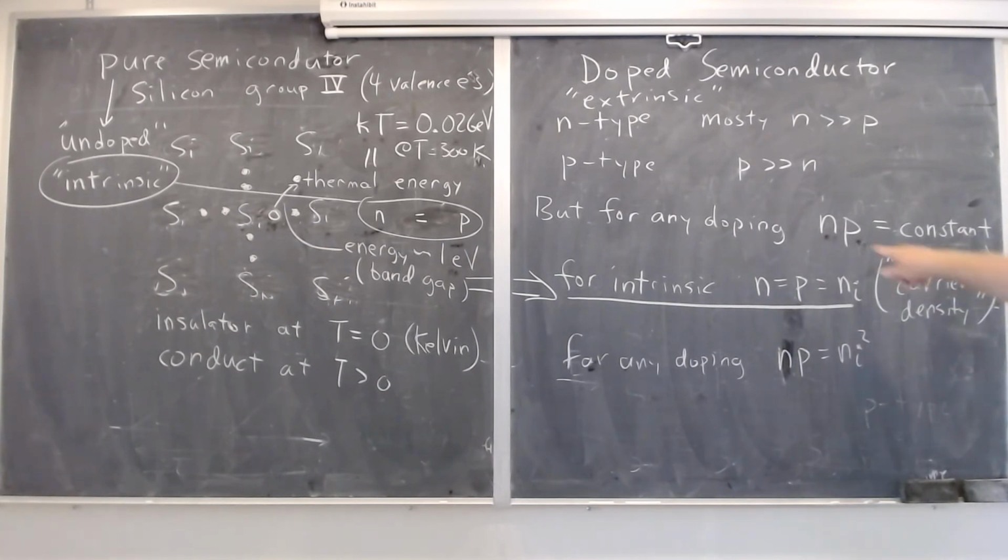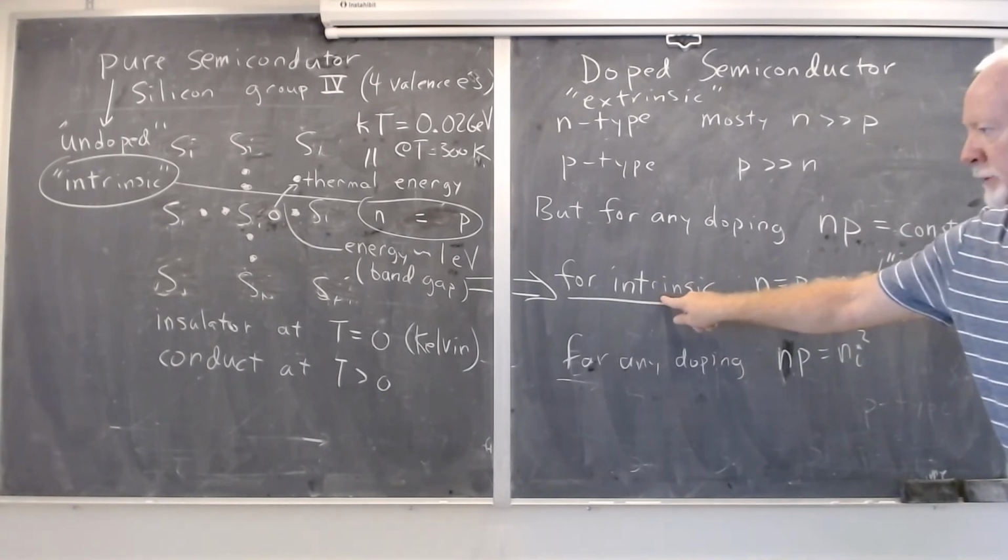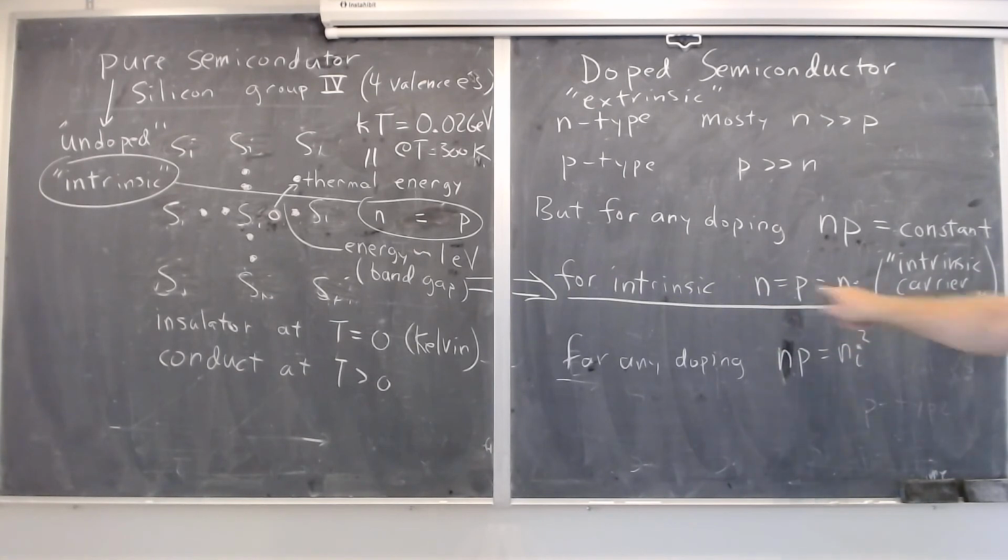Why? Because I told you that for any doping, the product is a constant, and since for the case of no doping, they're both equal to Ni, their product is Ni squared.